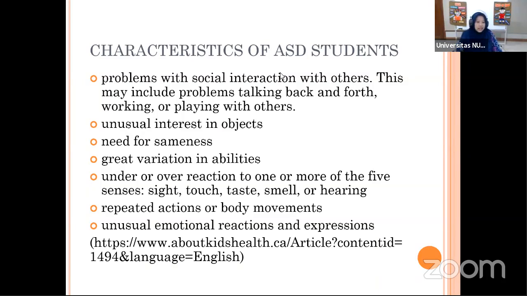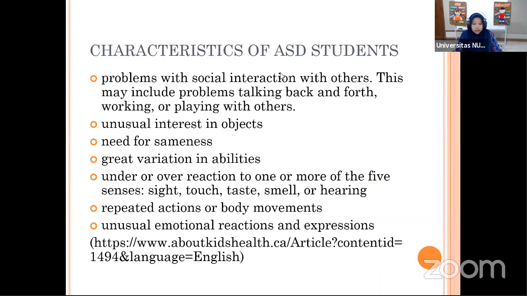The first characteristic is they usually have problems with social interaction with others. This may include problems talking back and forth, working or playing with others. Second, unusual interest in objects. Third, need for sameness. Fourth, great variation in abilities.